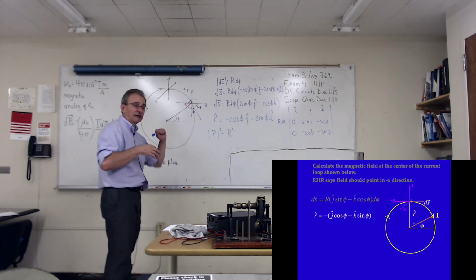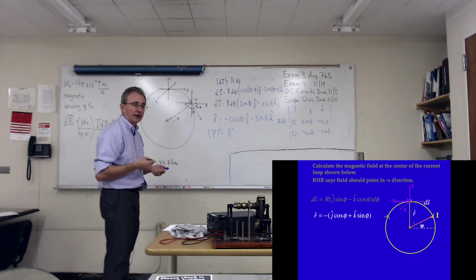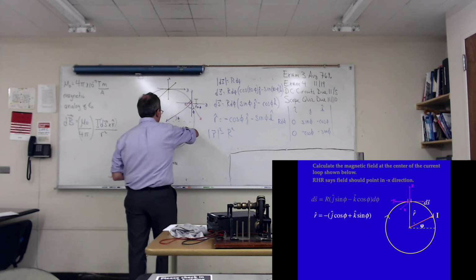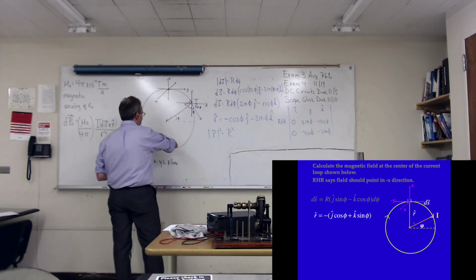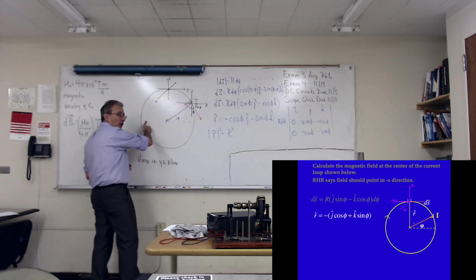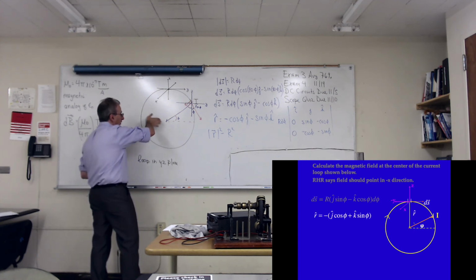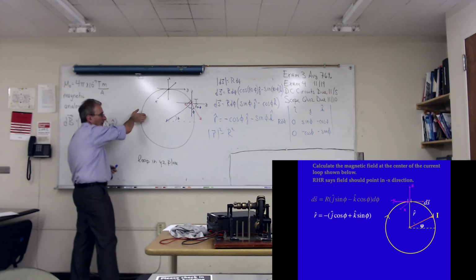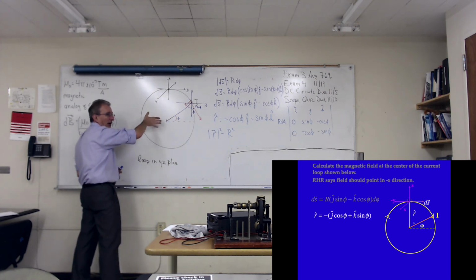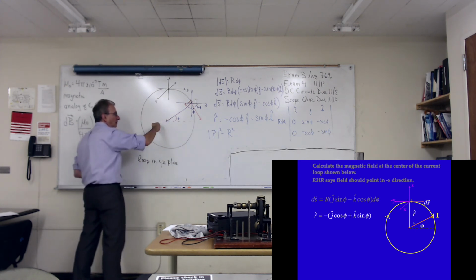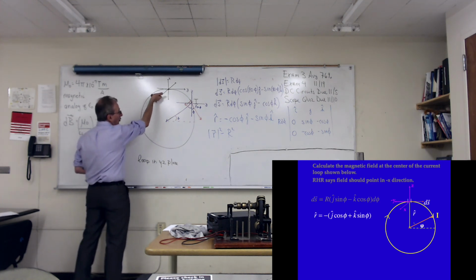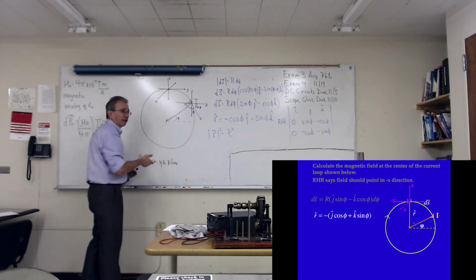Because the magnetic field lines always curl around the wire, you point your thumb in the direction of the current, and your fingers will curl in the direction of the magnetic field. In fact, at the center of the wire, the magnetic field will point straight into the board. No matter where I go around the wire, the magnetic field will point straight into the board.